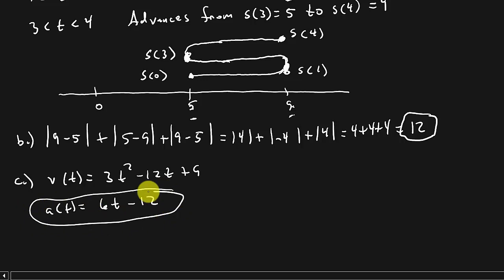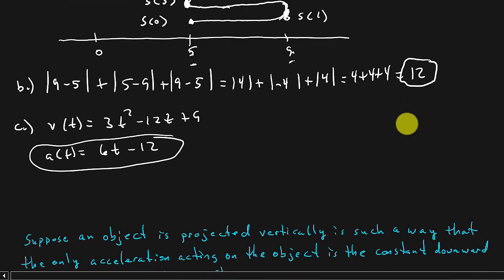That's what it's asking for. And then it wants to know, when is it accelerating and when is it decelerating? So what we're going to do is take the 6t minus 12 and set it equal to 0. And so that's going to be 6t equals 12, t equals 2. So that would be when the acceleration is 0, when t equals 2.